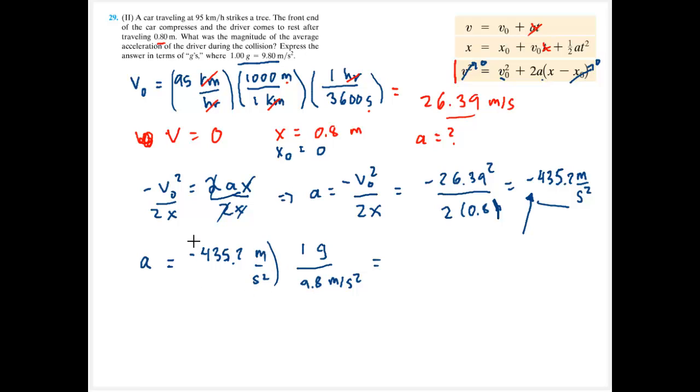So I'm essentially going to divide that out. You can see that meters per second squared is going to cancel out, and I'm going to be left with 44 g's. So that's a lot of g-force.